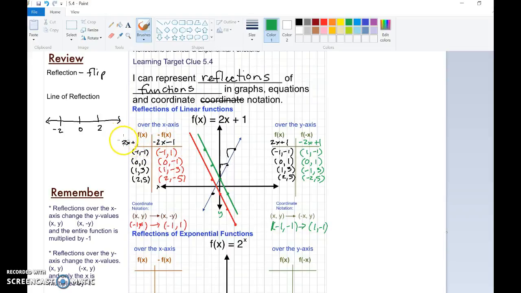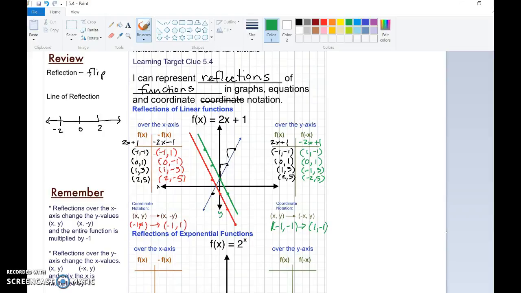The original was 2x plus 1, and the reflected line over the x-axis was negative 2x minus 1. So the positive 2 became a negative 2 for the slope, and the y-intercept, which used to be 1, was now negative 1. So everything in that negative carried across the entire function. So it was a negative f of x.